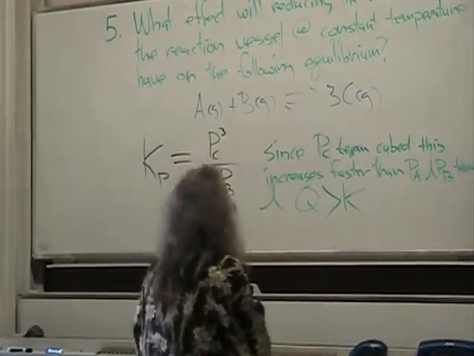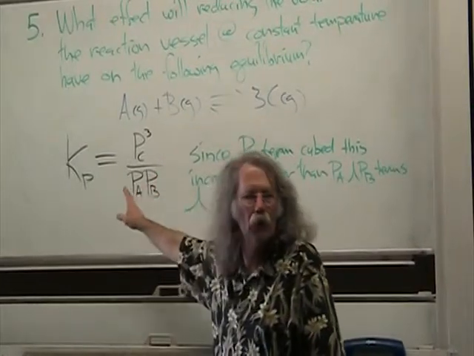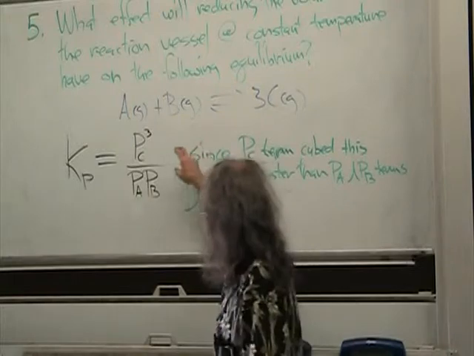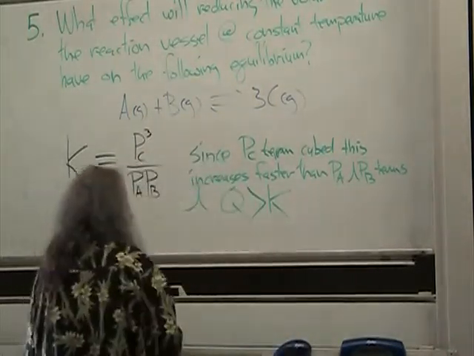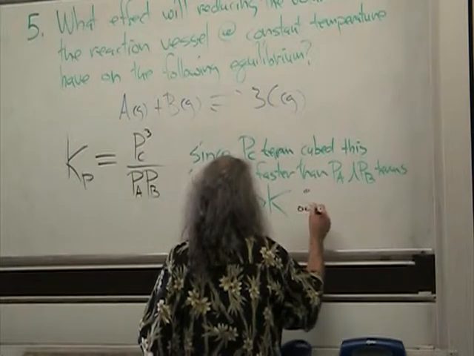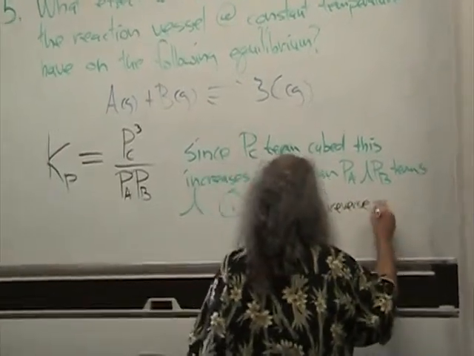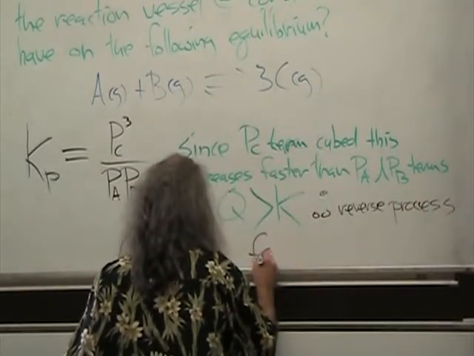How can that happen? The reaction has to go which way? To the left, which is going to reduce the C term. And so, therefore, the reverse process is favored.